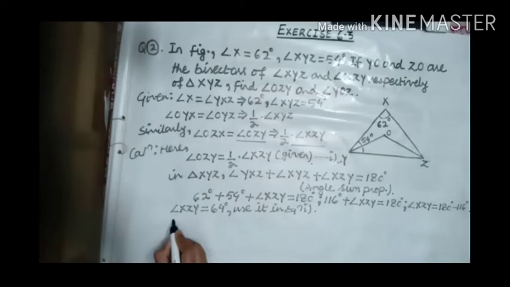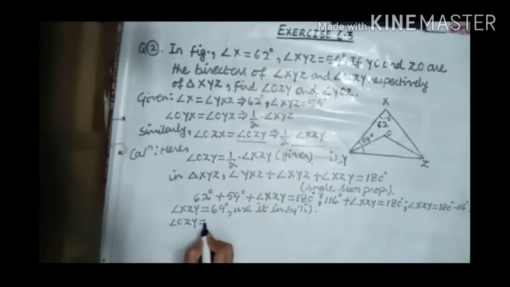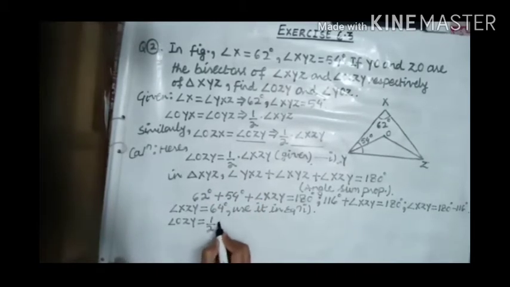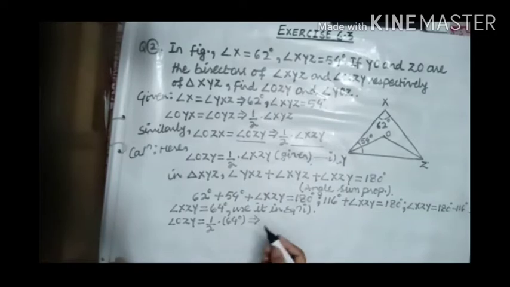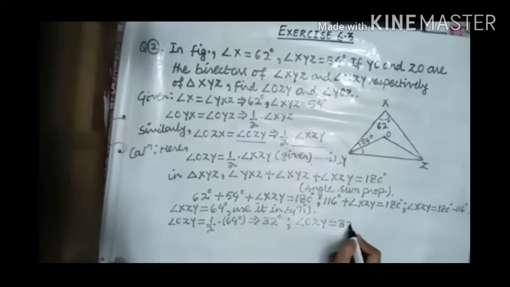Therefore, angle OZY becomes half of angle XZY. We use 64 degrees, and half of 64 will be 32. So that's the required value of angle OZY, 32 degrees.